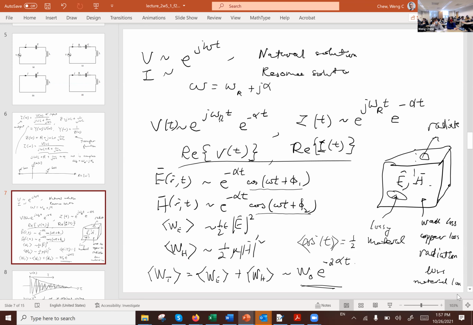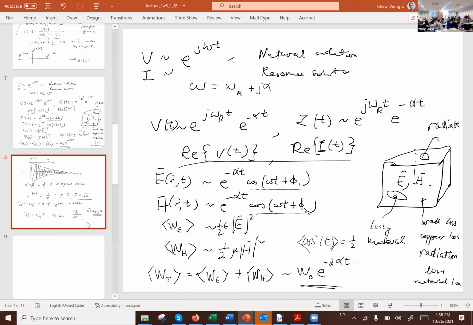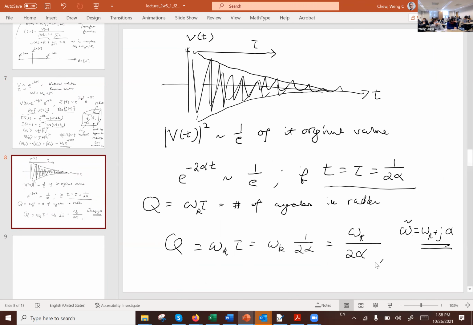Or it can be material loss. Material loss means that if you have some lossy materials inside the cavity, those lossy materials can dissipate energy and hence cause the stored energy to decay as a function of time in this manner. Okay, so there are 4 mechanisms that can give rise to loss in the cavity. But then you will define the Q of a cavity to be this number over here.